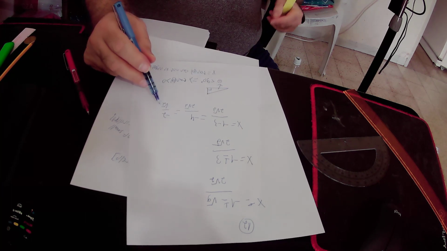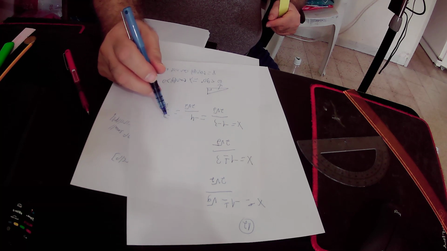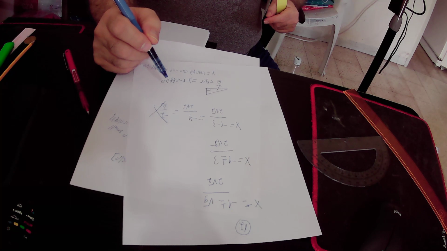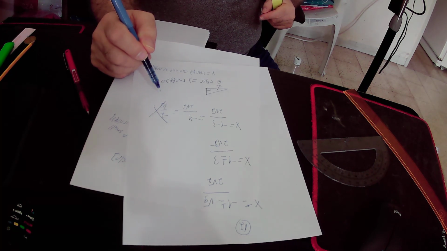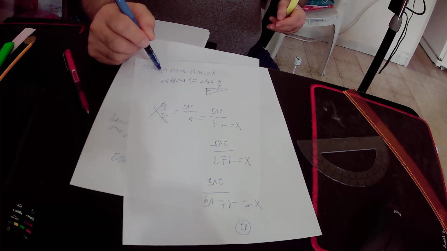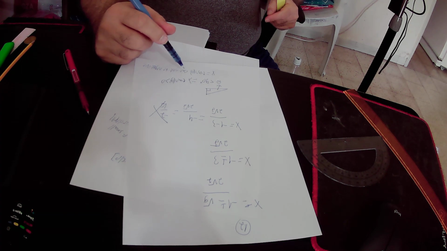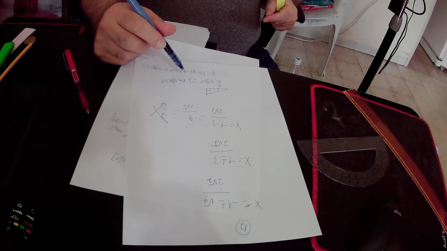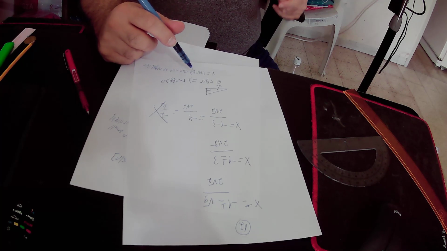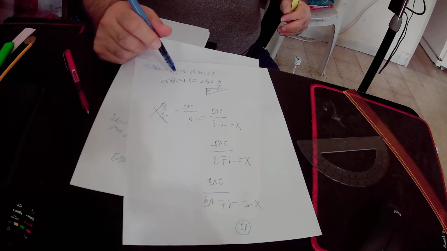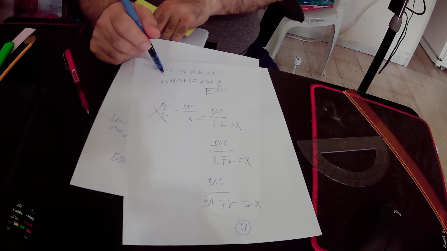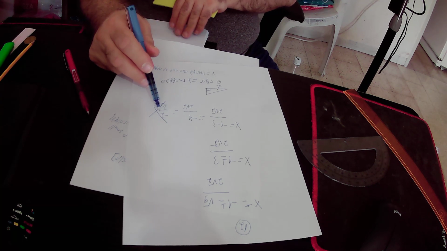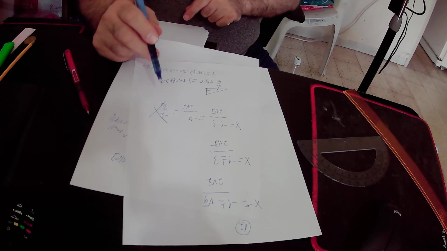Okay, x cannot be negative, so this is an incorrect answer, because tangent theta, with theta less than 90 degrees, must be a positive number. Therefore it cannot be negative, so this answer is not correct.